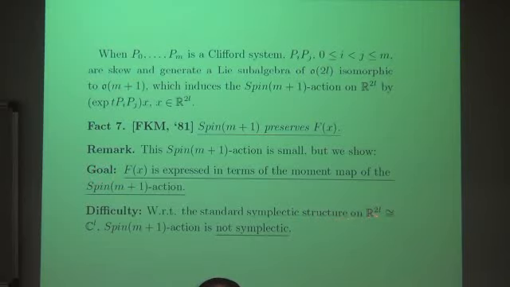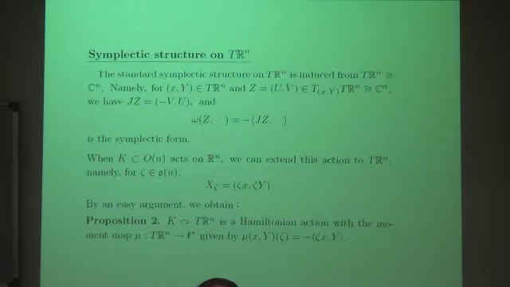However, this spin action on the 2L-dimensional Euclidean space has a symplectic structure because it is isomorphic to the complex vector space. However, this action is not symplectic. So we cannot apply the moment map directly to this action. There is no moment map for this action. So we need some idea.